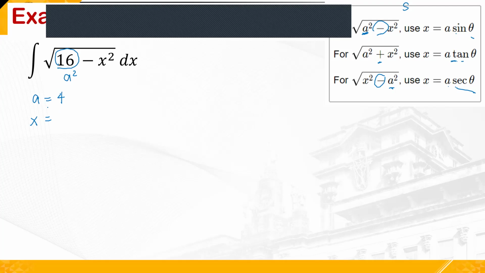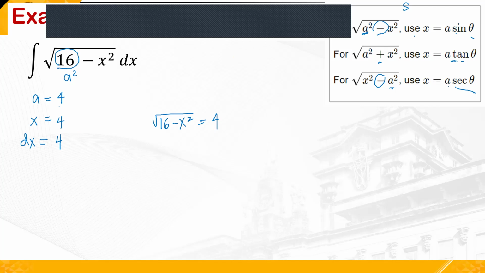Once you have identified your x, your a, meron ka ng magiging x natin, tapos dx, and then eventually, meron tayong ma-obtain na expression for the radical. Ayan, so the 4 here will appear on all of this.